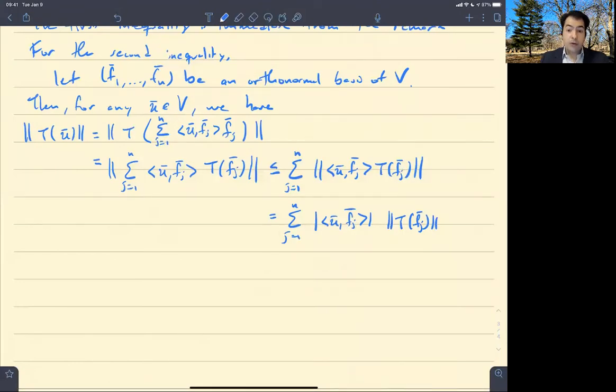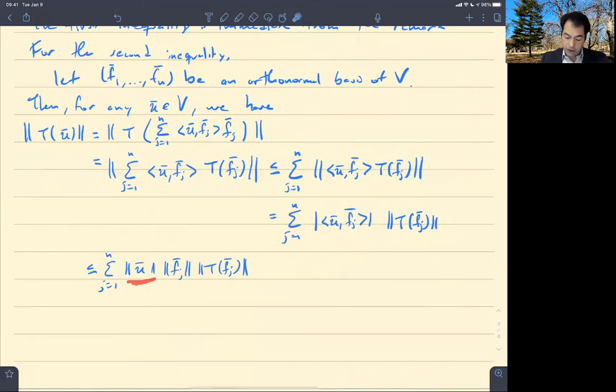Okay, next I want to use the Cauchy-Schwarz inequality, right? So we have an inner product space, and so we have the Cauchy-Schwarz inequality. So each of these inner products is bounded above by the product of the lengths, and the size of fj is equal to 1 because I picked an orthonormal basis.